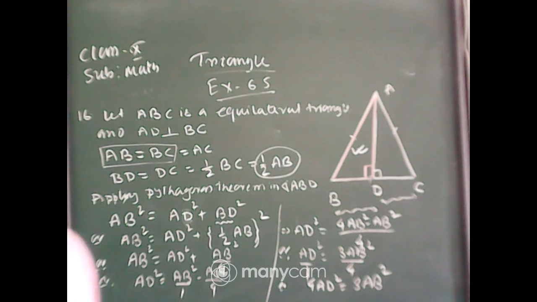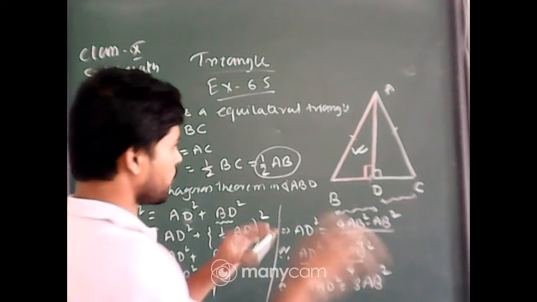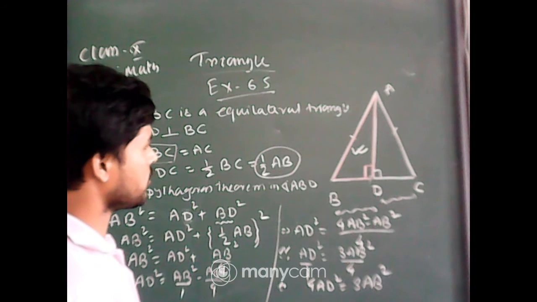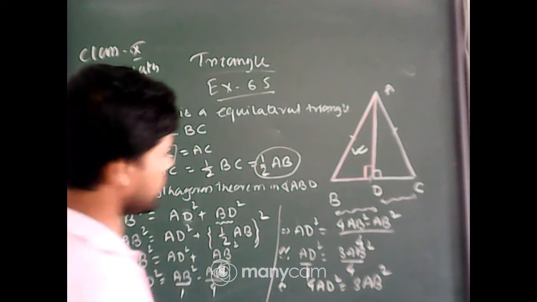That proved that in an equilateral triangle, 3 times the square of one side is equal to 4 times the square of one of its altitude. Proof is done. Now tell me, do you have any doubts in that question from your side? No sir? Okay. Very good.